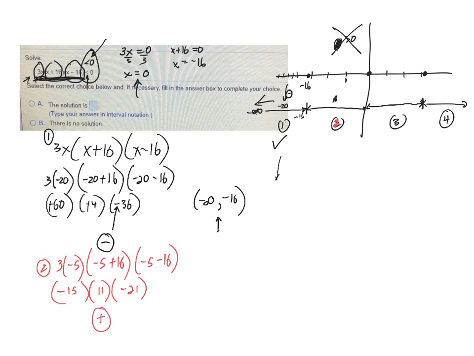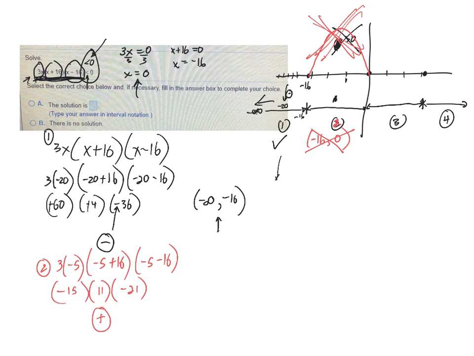So in this interval, the graph is above the axis somewhere, and I think it probably goes something like that. But I don't want that one because it's greater than 0. So that interval from negative 16 to 0, I don't want that interval. That's no good.